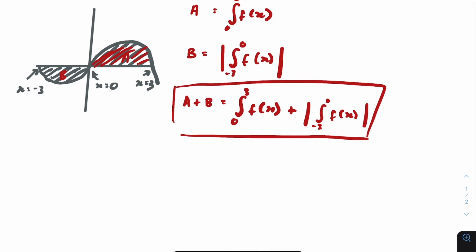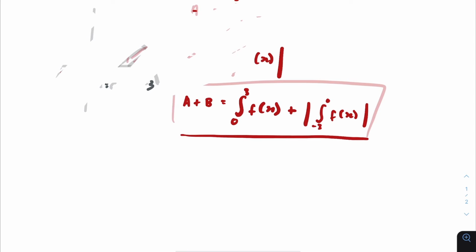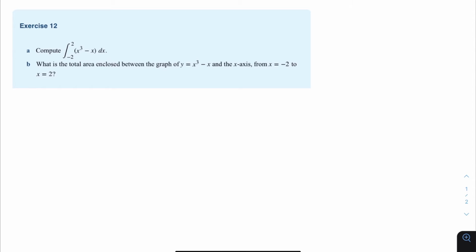All right, let's go to some practice problems where we can put our learning to the test. So let's take this first practice problem. It's asking us to first compute the integral of x cubed minus x, where it's bounded by x equals 2 and x equals -2.